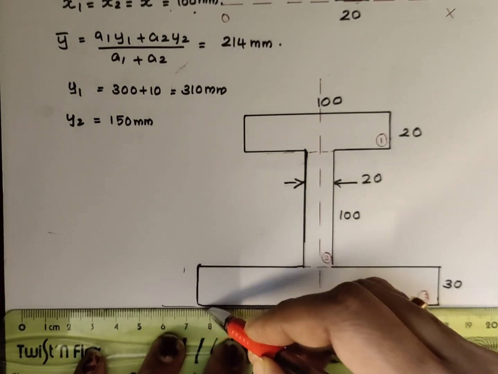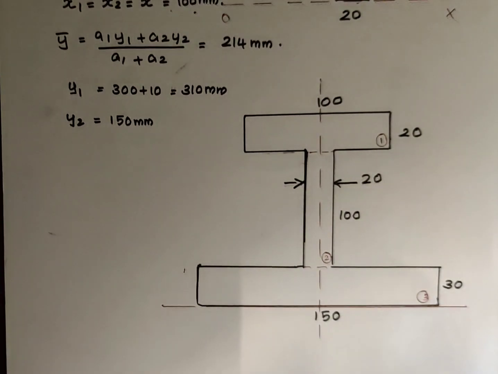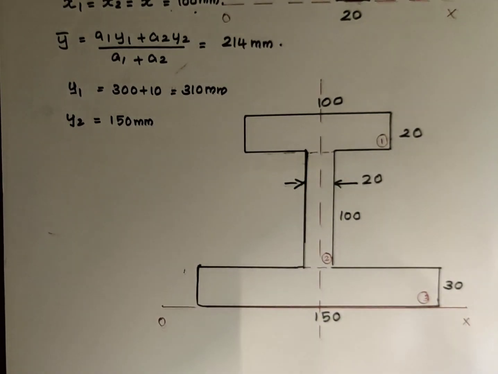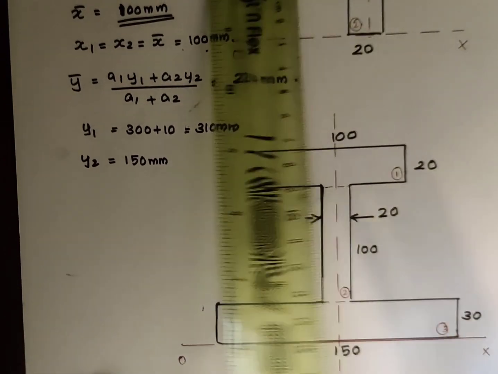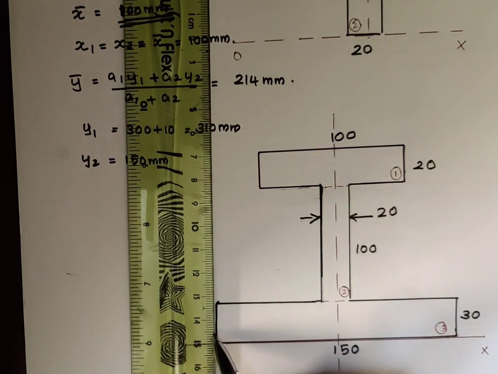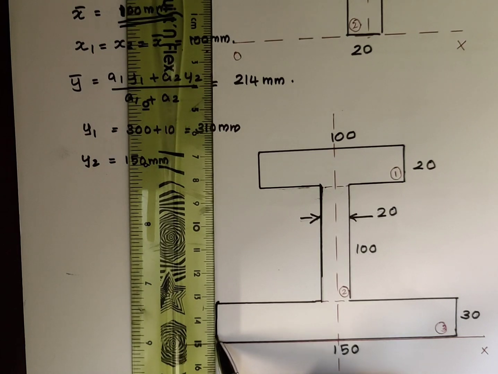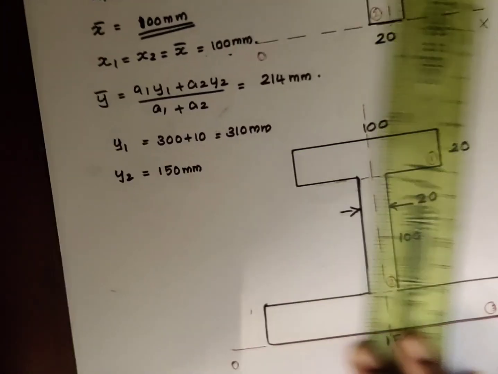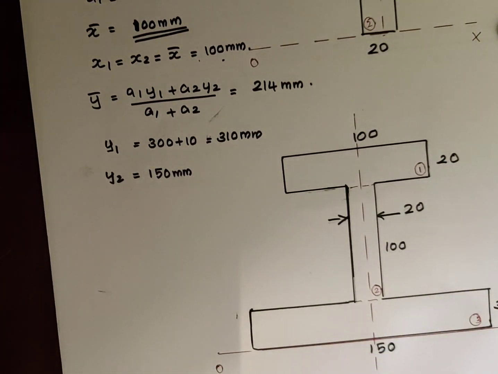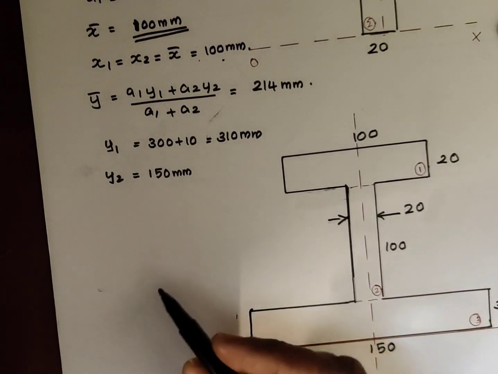So this is the reference axis to calculate the y coordinate, and this is the OX axis. If it is an unsymmetric section, you have to choose the extreme left line to calculate the x coordinates. So here also we have to write the x coordinate, but you can write it directly.